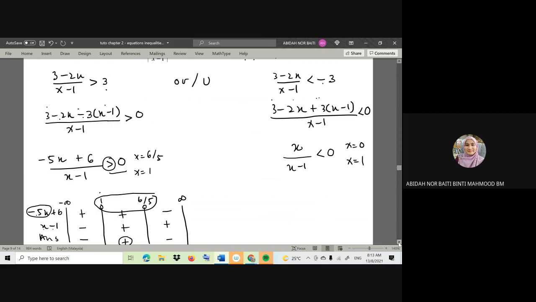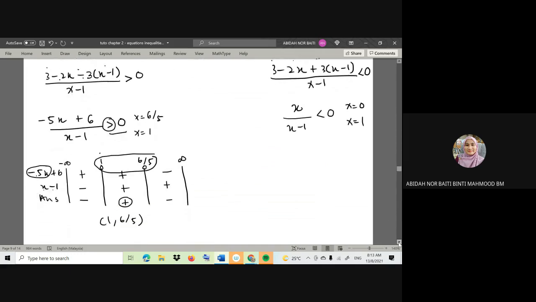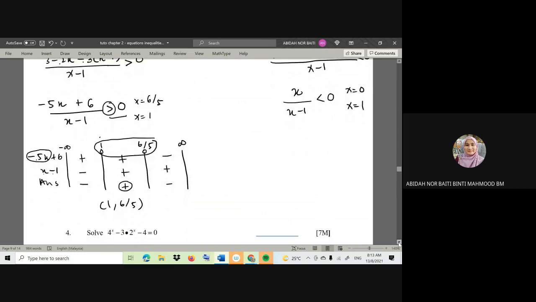This is a single fraction form, rational inequalities. So we use the table of signs. We have two linear factors. For the number line, we start from negative infinity, 0, 1, positive infinity. Here x is 0, x is positive, so 0 to the right is positive, 0 to the left is negative.